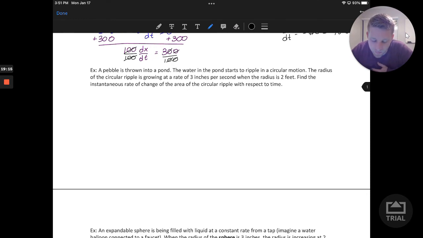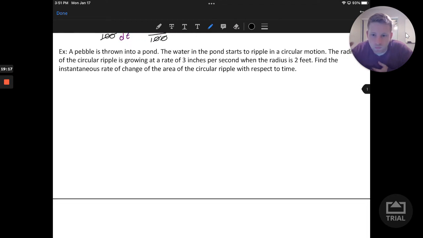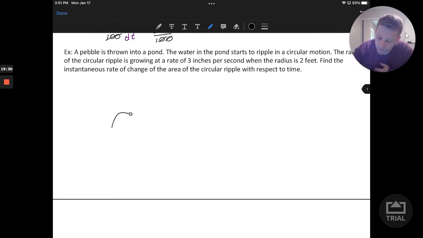So let's go ahead and draw a picture maybe to represent what's going on. We have a pebble thrown into a lake or a pond, and it creates a circular ripple. So I have a little rock thrown into a lake, and then it starts to make kind of a circular ripple that we see here.